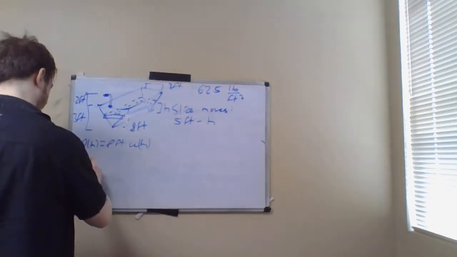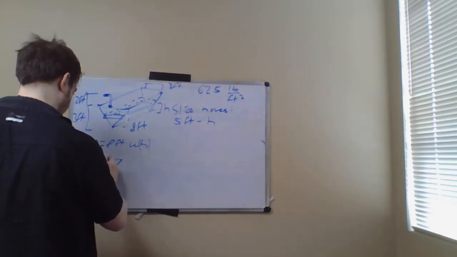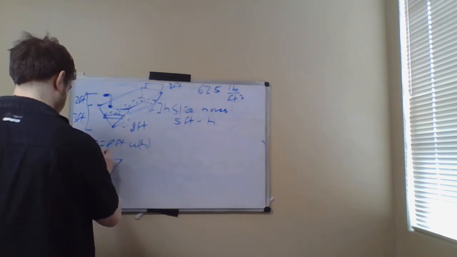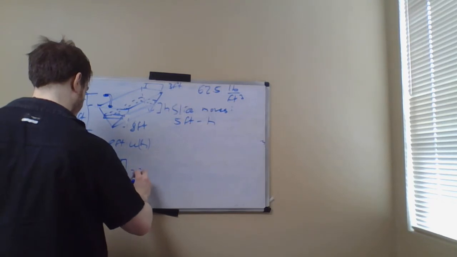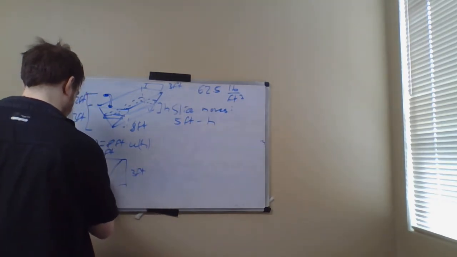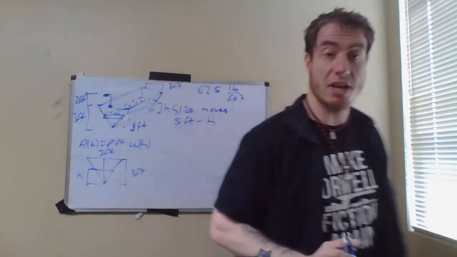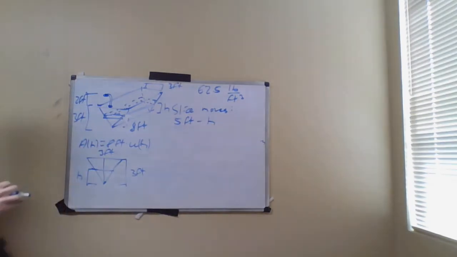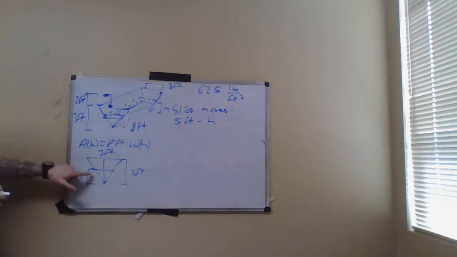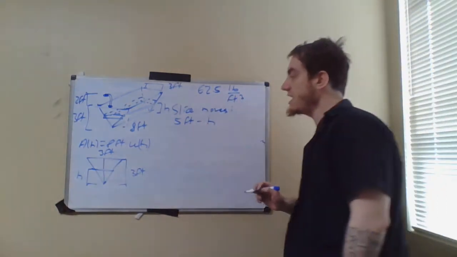Well, we need to use a little bit of geometry in order to figure this out, because we have to figure out what are the portions here that we are talking about.